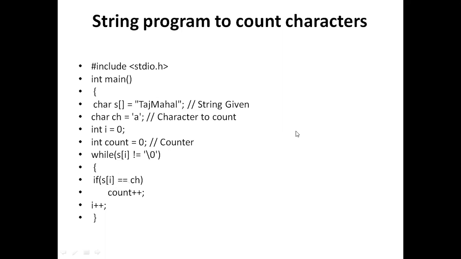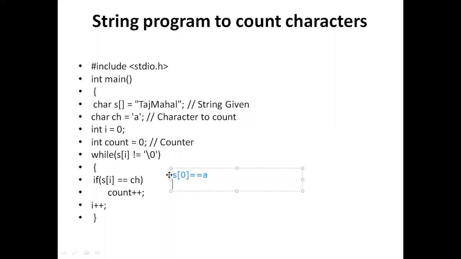So you can see here, I will write so that you can understand. Initially s of 0 is t, which is not equal to a, that we have seen.